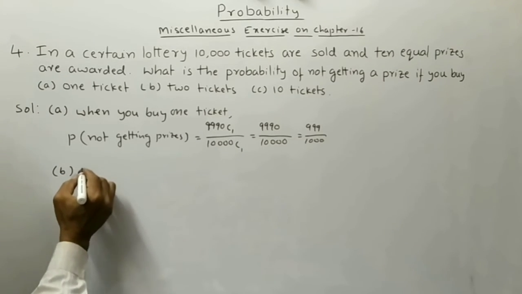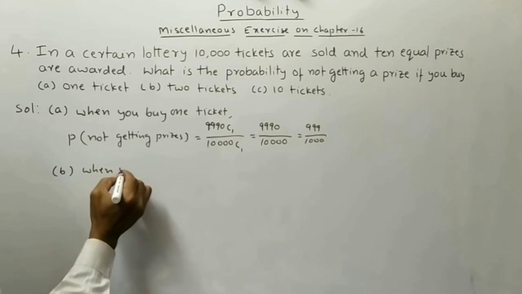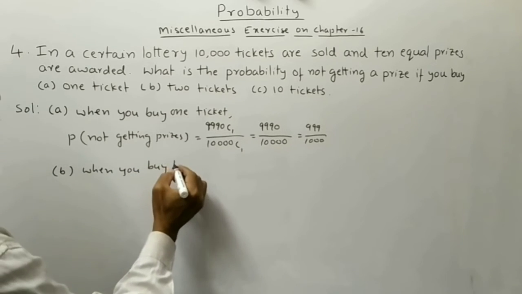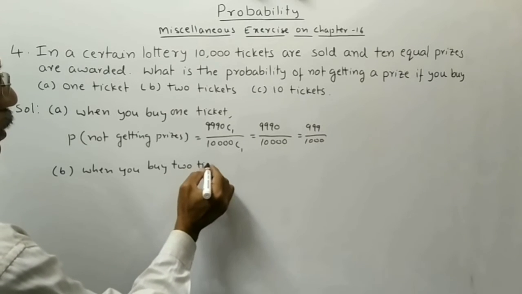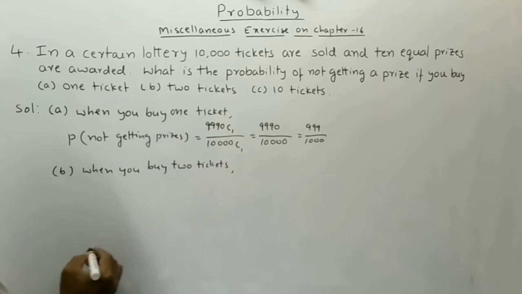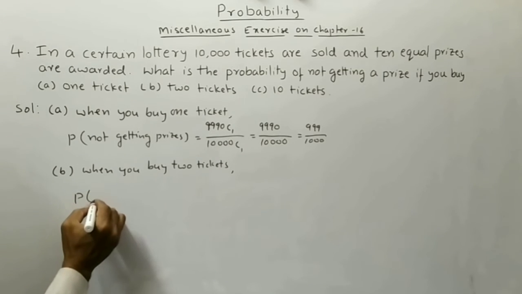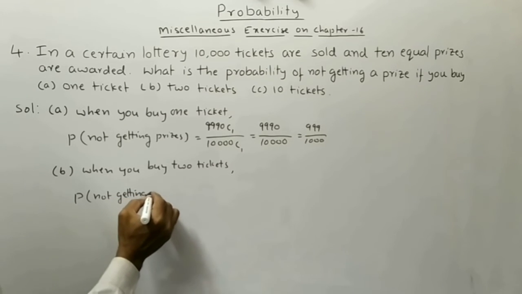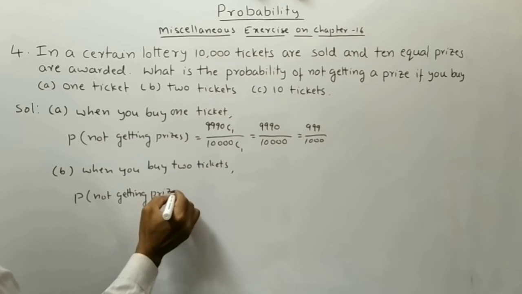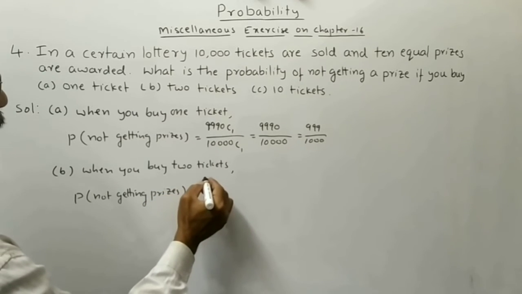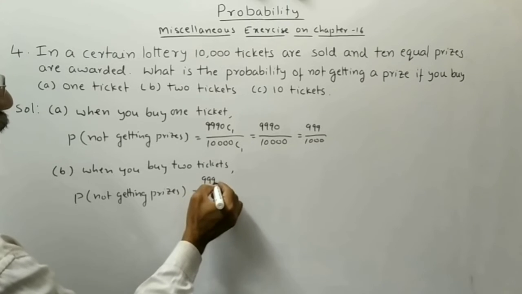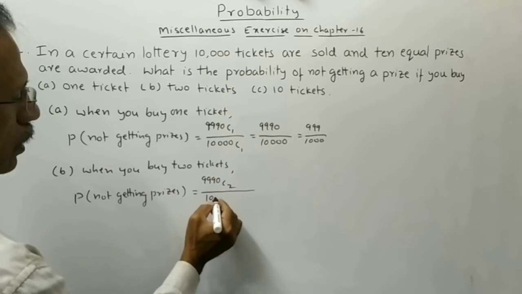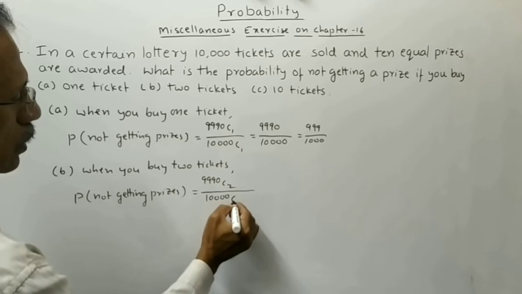B. When you buy two tickets, probability of not getting prizes is equal to 9,990C2 divided by 10,000C2.